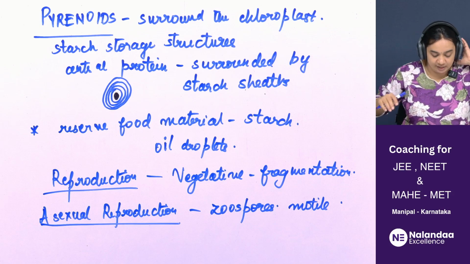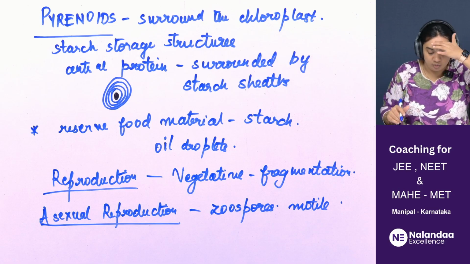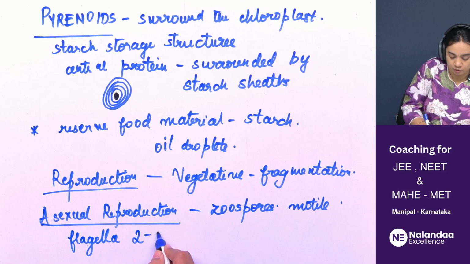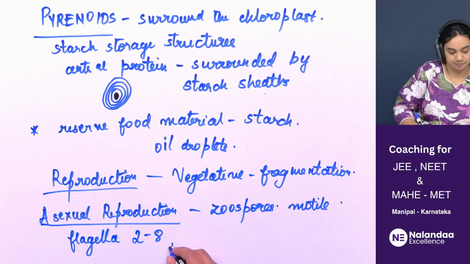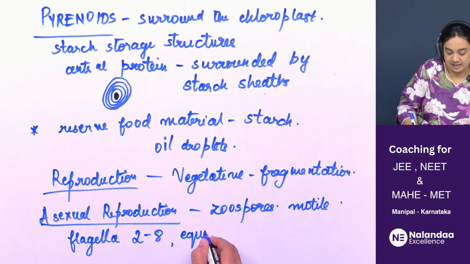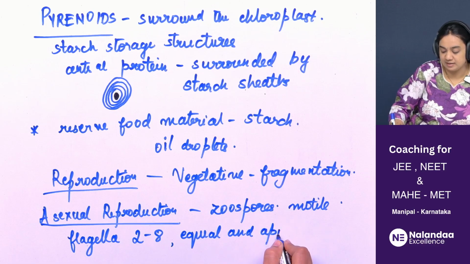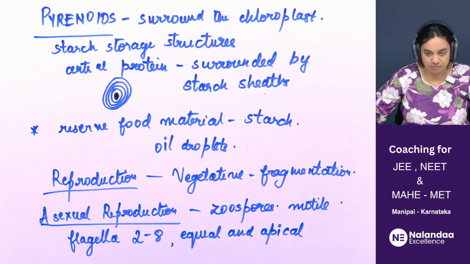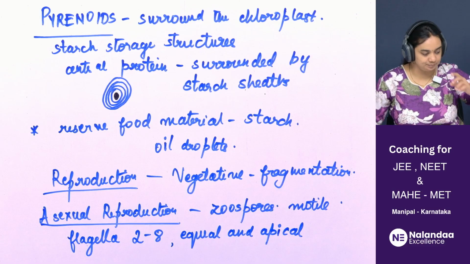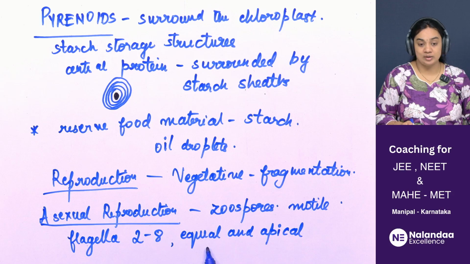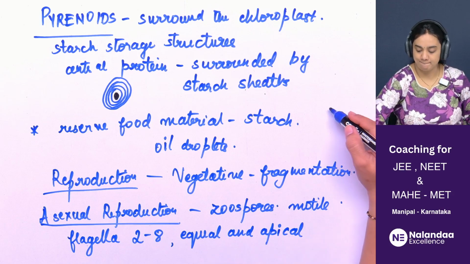For example, in case of green algae, we see that the flagella are 2 to 8 in number, and they are equal and apical. What does equal mean?